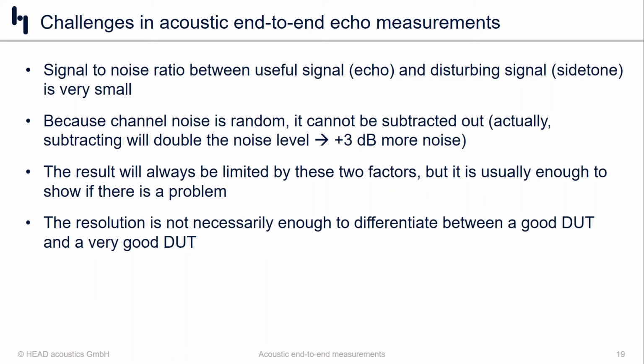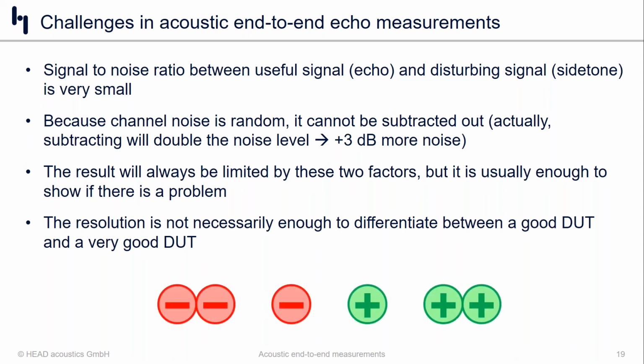Normally, it means that we have more than enough clarity to show if there's a problem with the device. So if you recall in previous online seminars, we've used this grading scale of going from 2 negatives all the way up to 2 positives. The thing that we need to be aware of is if we have a terrible device, acoustic end-to-end testing will undoubtedly allow us to reveal that there is an issue with that terrible device.